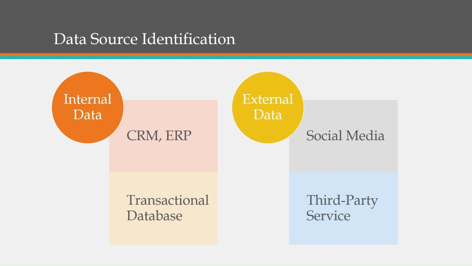Internal data sources are the core systems that organizations rely on for their daily business operations. These sources include transactional databases, enterprise resource planning, ERP systems, customer relationship management, CRM systems, and other internal applications.